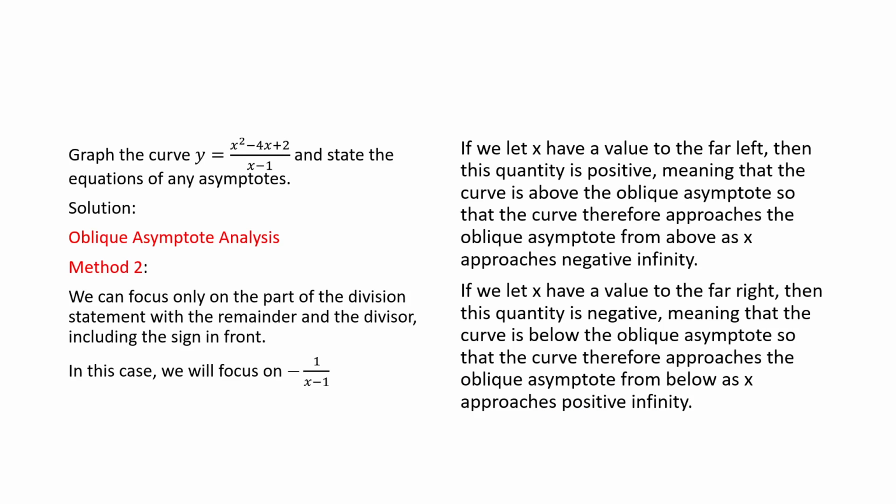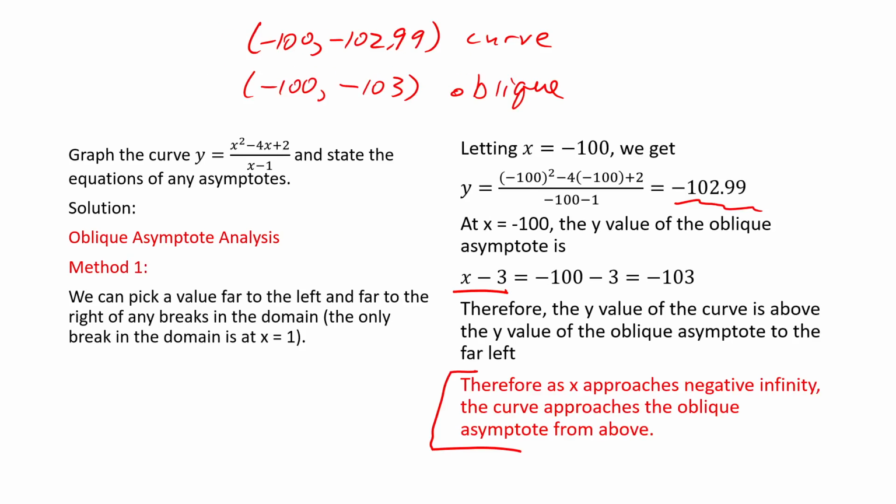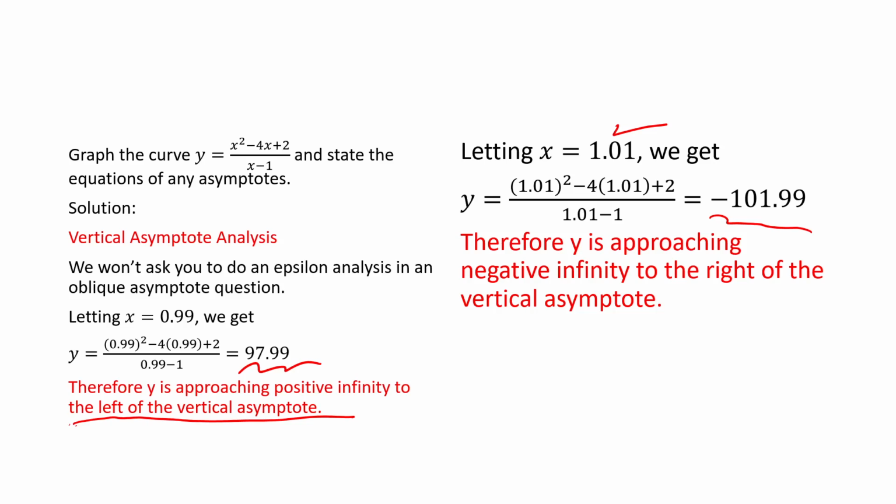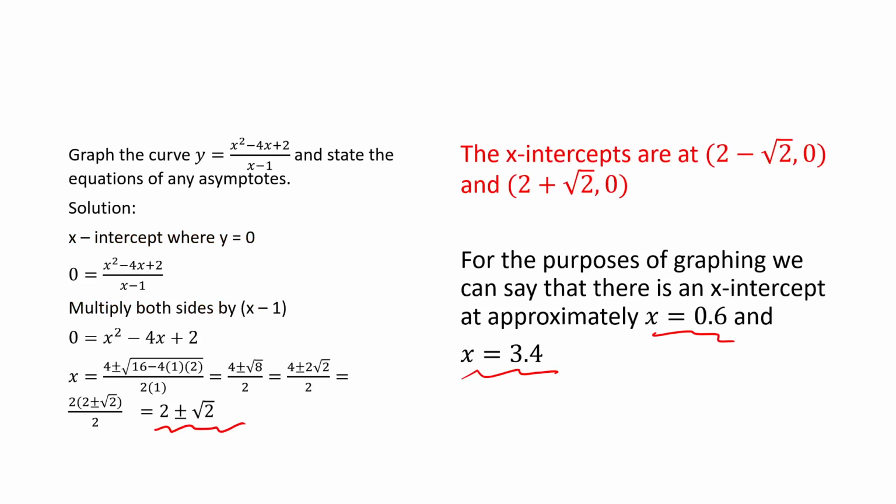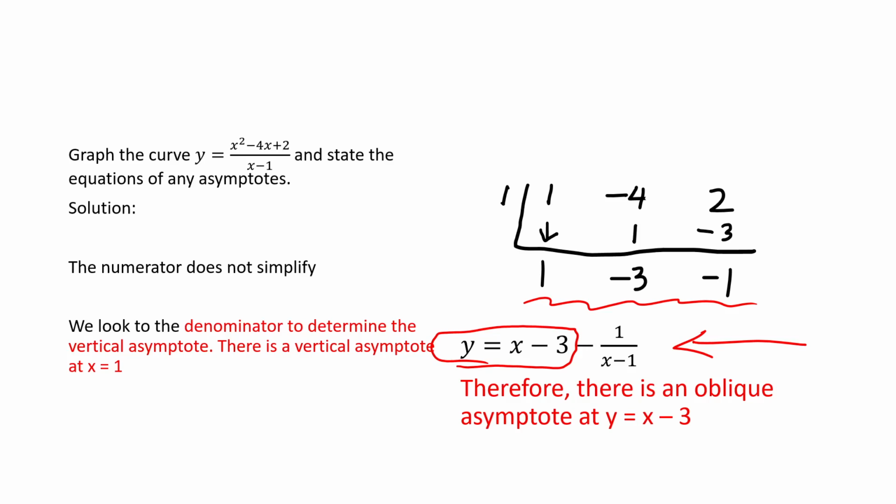Now we could do it that way, or we could focus on method 2. Just look at the part of the division statement that said minus 1 over x minus 1. Let's go back to that division statement, which was right here. Recall that our division statement was y equals x minus 3 minus 1 over x minus 1.